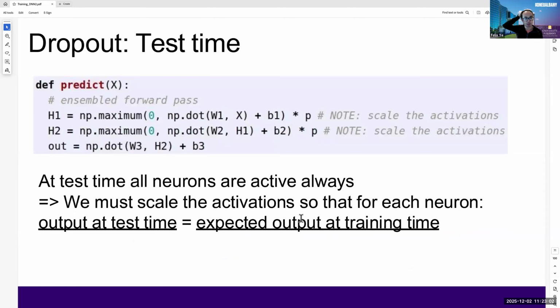Okay, so that means what we do is we just need to scale these activations with the probabilities. That would be enough, right?